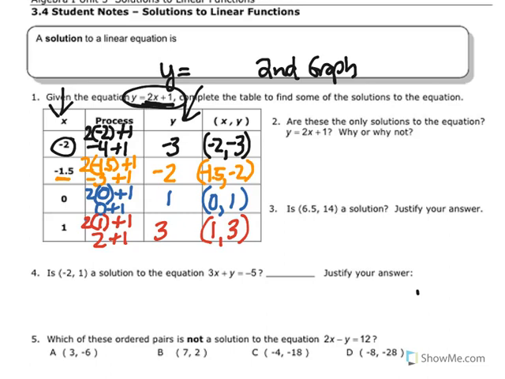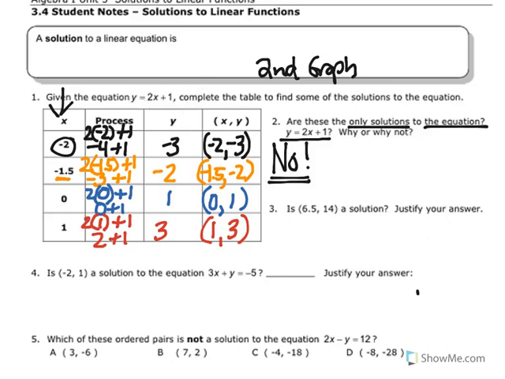Now it says, are these points that we have over here on the left, number 1, the only solutions to the equation y equals 2x plus 1? What do you think? I hope you're thinking no, because we can put any number we want in for x on this equation, and we can find the corresponding y.